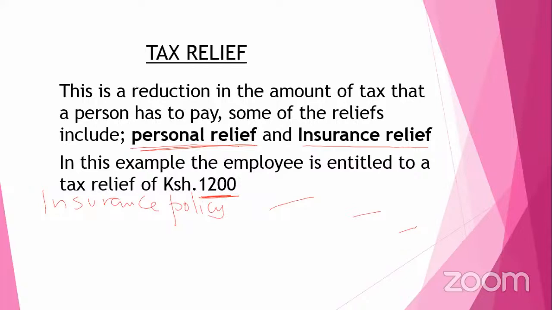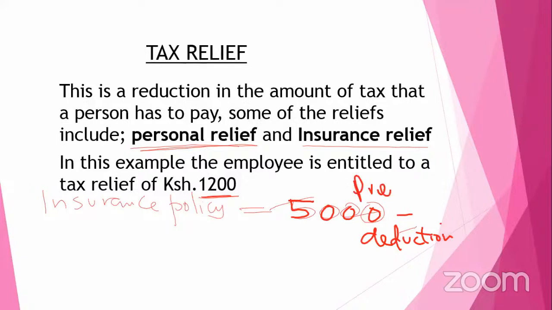Yes. And in that policy, this guy is paying 5,000 to the insurance every month. Definitely, this insurance is a deduction. It will be subtracted from his salary because the 5,000 goes to the insurance company. And this is what we call the premium, insurance premium, the amount of money you are paying every month.